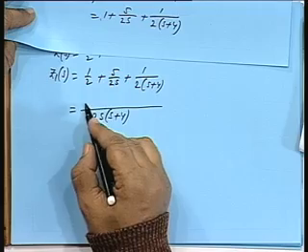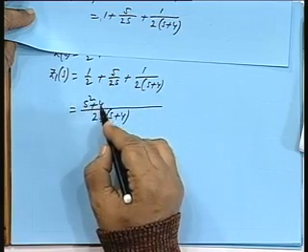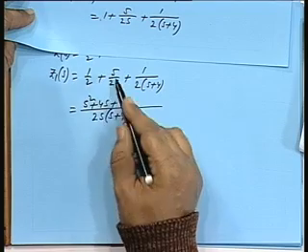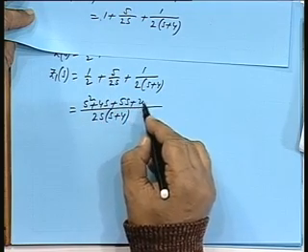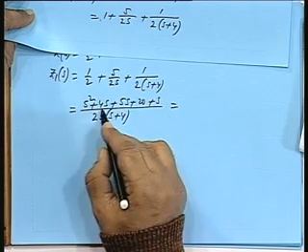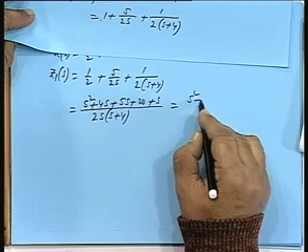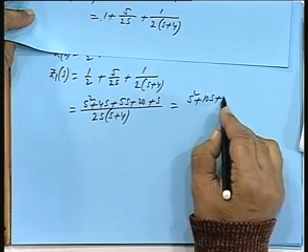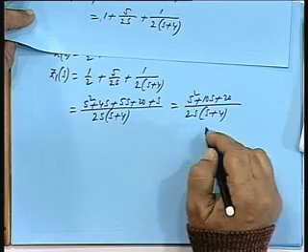So, s into s plus 4, so s squared plus 4s plus 5 into s plus 4, so 5s plus 20 plus s. So, that gives me 5 plus 4, 9 plus 1, 10s, s squared plus 10s plus 20 by 2s into s plus 4.